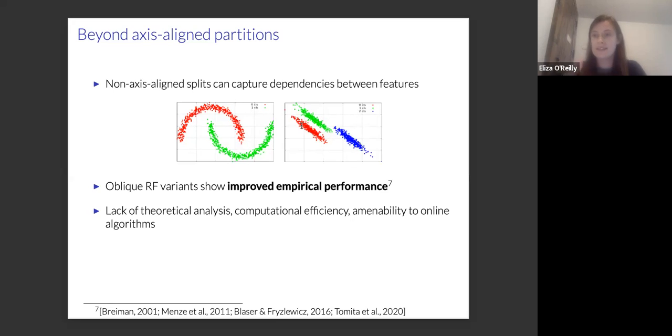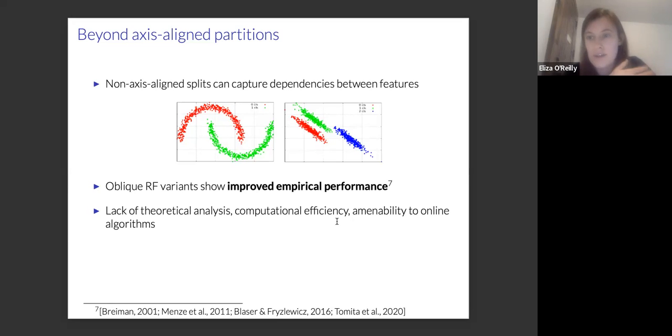But if you had access to oblique splits that use linear combinations of the features, intuitively you could see how you might do a better job and more efficiently split up your data. And indeed, there are many random forest variants that use oblique splits or linear combinations of the features to split the data that have been proposed in the literature.